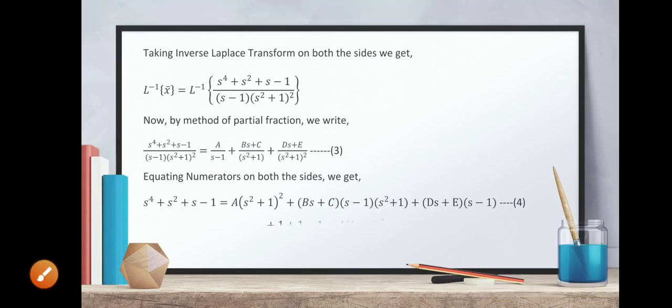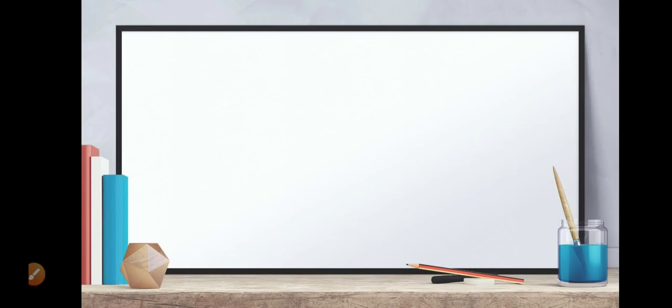So with S equal to 1 in equation 4 you get the value of A as 1 by 2. Now to find the constants B, C, D and E, you have to use 4 other different values. So we are going to use S equal to 0, S equal to minus 1, minus 2 and 2.